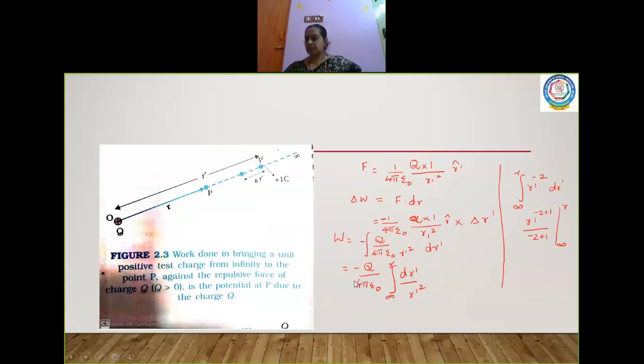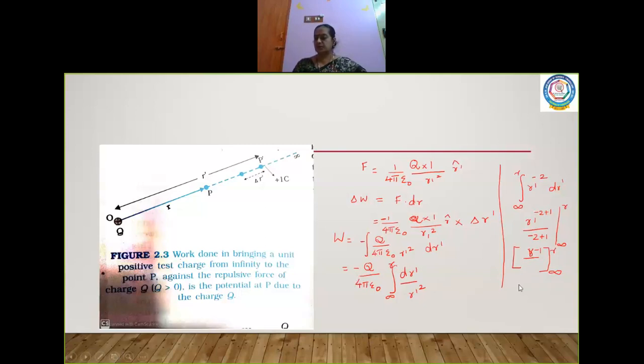So after integration I am going to substitute the limit. Now I can write this as 1 by r to the power minus 1. The minus 1 would have come out, and the equation here, minus Q, will become plus Q. So this minus and this minus get cancelled out.